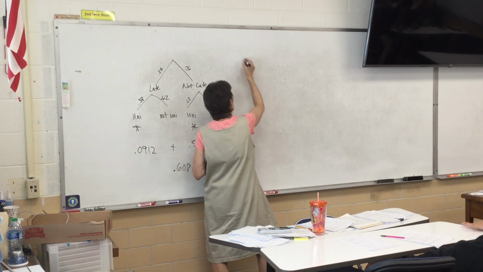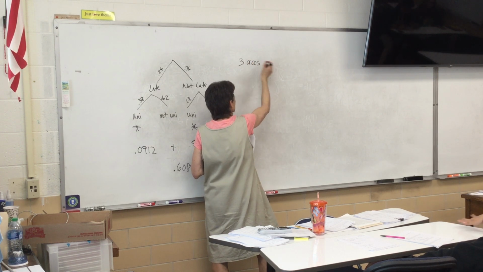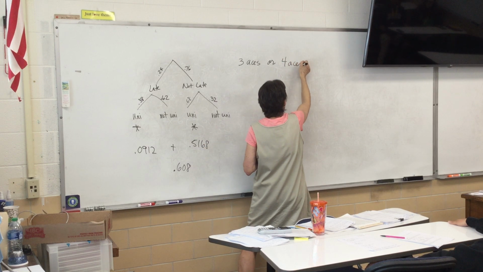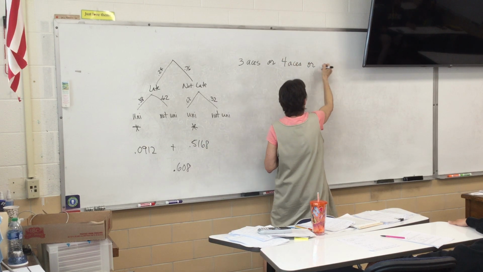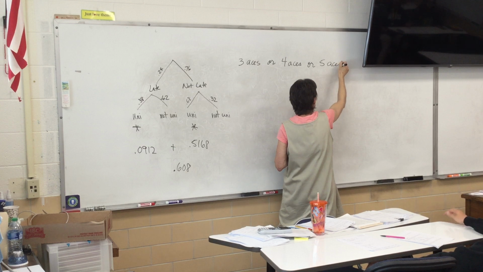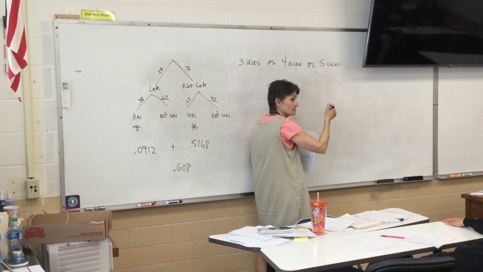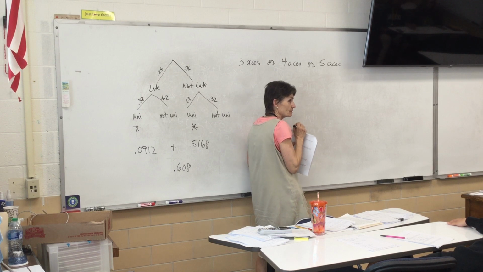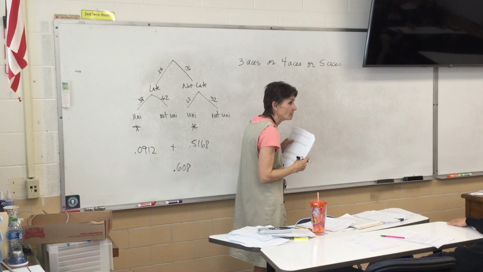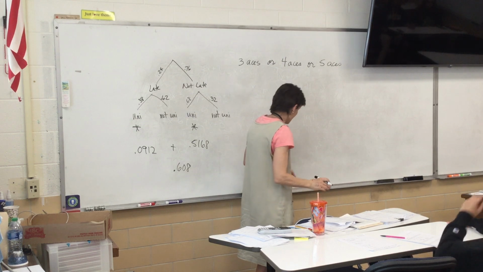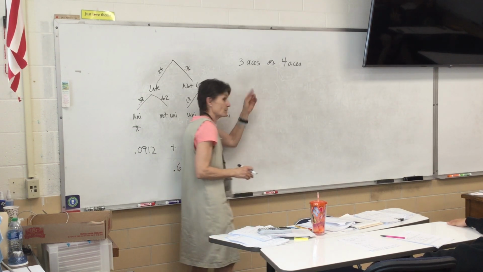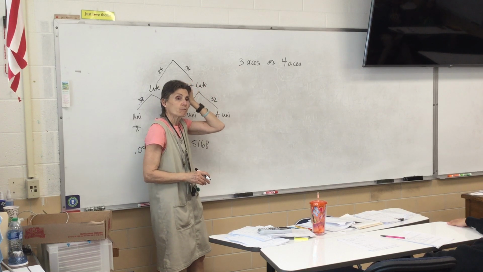You could get 3 aces, or we could get 4 aces, or we could get 5 aces. It's a 5-card hand. Does that bother anybody? You can't get 5 aces because there aren't 5 aces, right? So we are looking at either getting 3 aces or 4 aces.